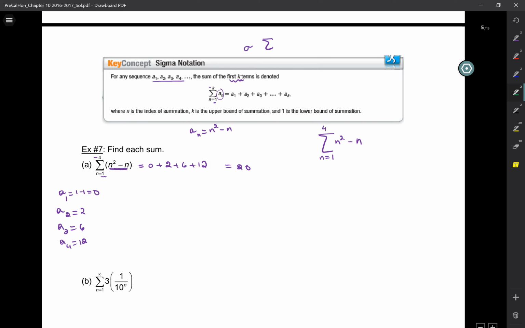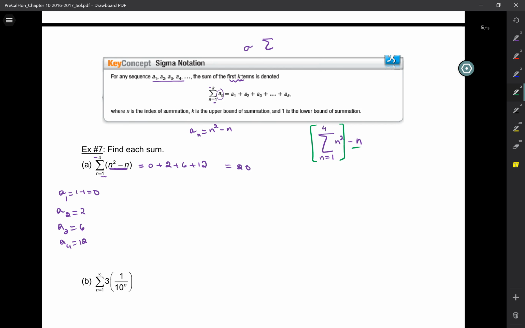If you don't put parentheses, it could be taken as, sum up all of these, and then once you get the sum, subtract an n from it. If you want it to be the sum of n squared minus n, you want to put parentheses around it, okay? Just a little bit of notation.